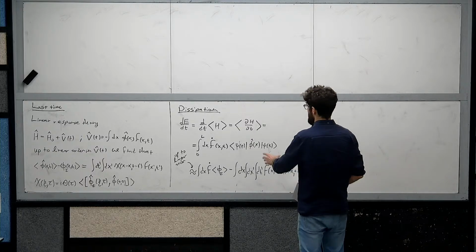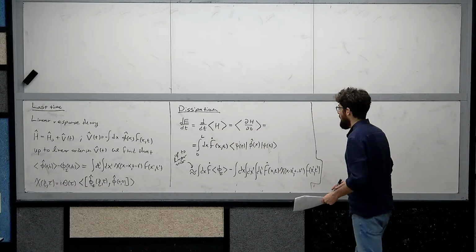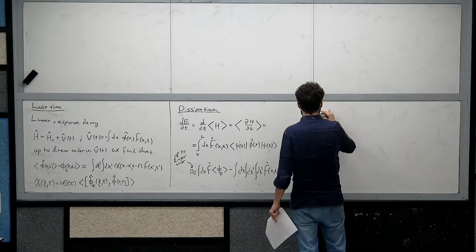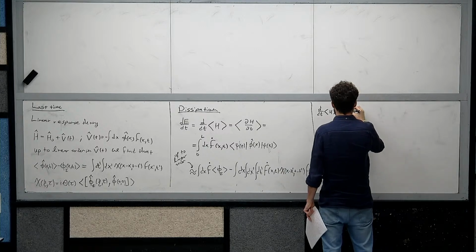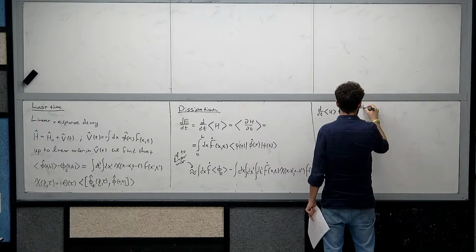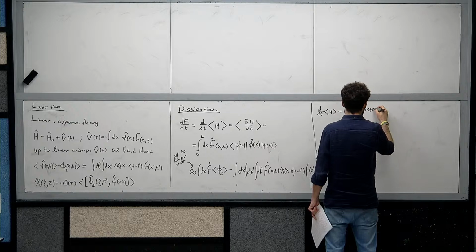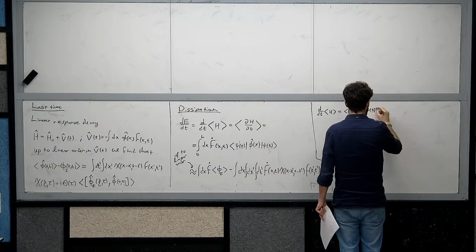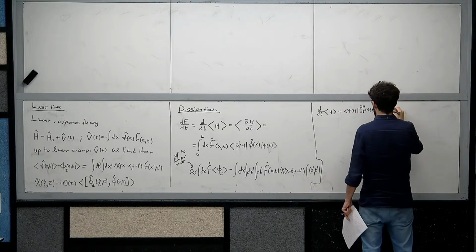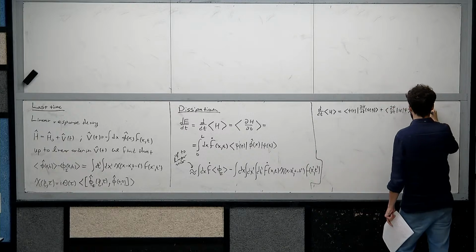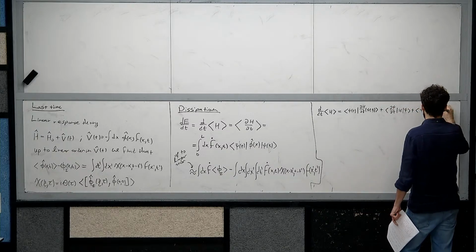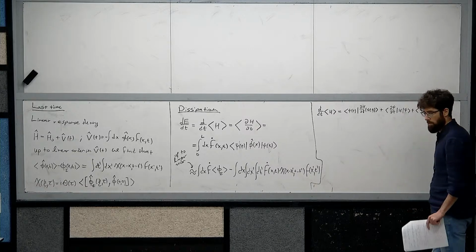So let me explain this transition for a moment. The idea would be that d/dt of H would be like writing psi of t, dH/dt psi of t, plus d psi/dt H psi plus psi H d psi/dt. This is like the full derivative.